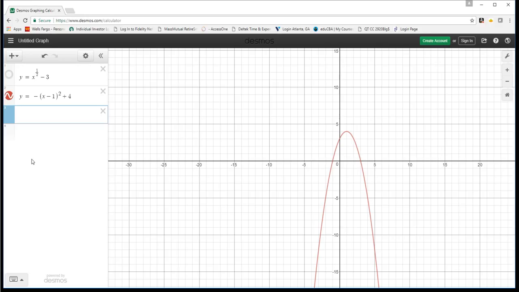All real numbers, basically. Our range, though, is going to be anything from negative infinity to 4. And it's not going to get to be greater than 4. That's as high as it's going to go in this case. So our range is going to be negative infinity to 4.